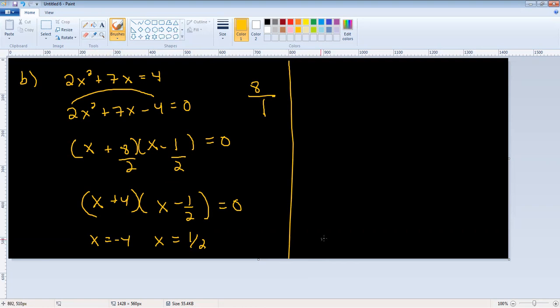Okay, excellent. What about something like this? What about with the square root property? So there's a square root property here. What if we had something like 3x squared minus 15 equals 0? How do we solve this? Does anybody know how we solve this thing?